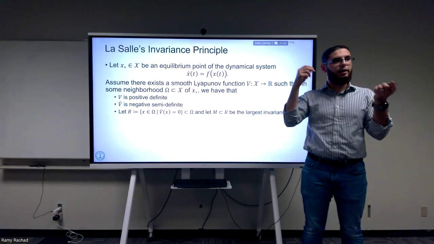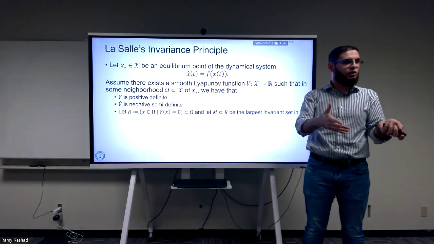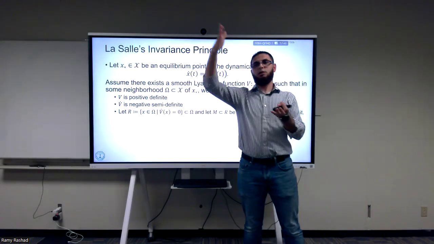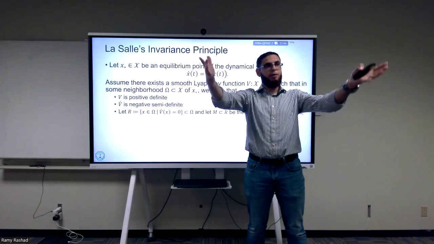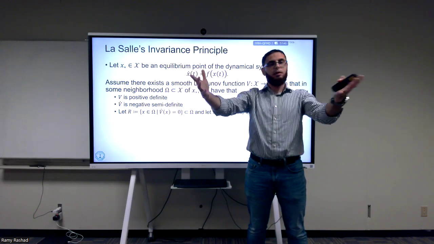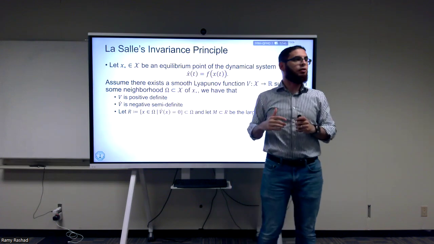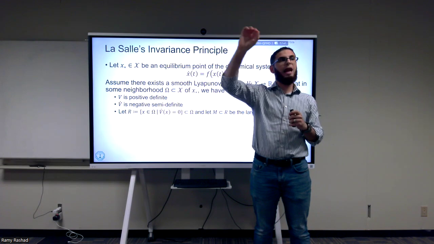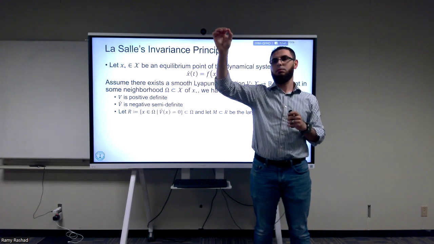There is an intuition behind it. Of course, not the formal proof, just the intuition. I know that V is positive, so it has the shape of a bowl. And V dot is negative along the trajectories, which means that at every time step, the value of V will decrease.